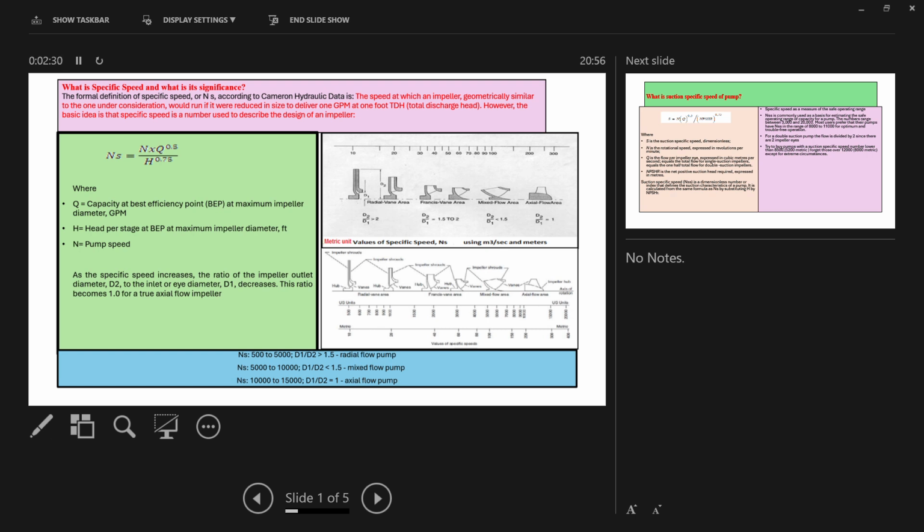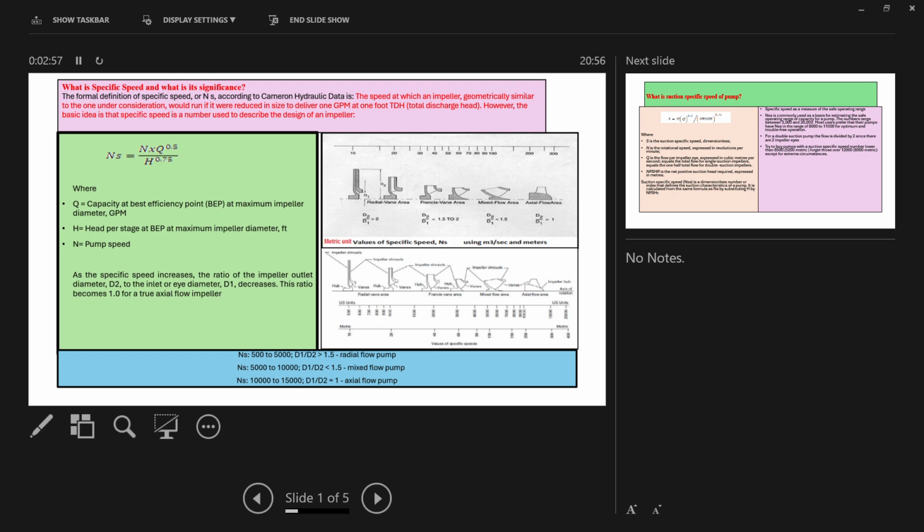Similarly, the specific speed in US units for radial flow varies from 500 to around 3,000, then mixed it will be 4,000 to 10,000, and then axial it will be 15,000 to 20,000.